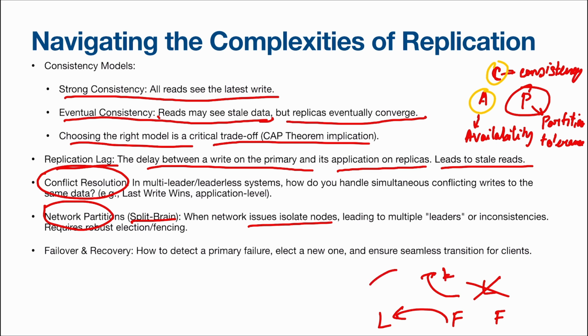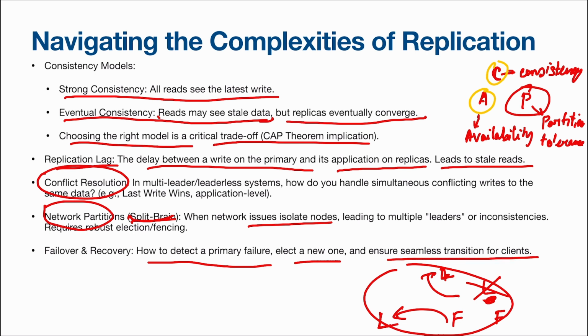So in that case, the whole system thinks there are two leaders, because this node thinks it's a leader, and this node never got the information that it got demoted from being a leader. It still thinks it's a leader. So there can be complicated issues because of that, and that's the split brain problem. And failover and recovery, of course: how to detect a primary node failure, elect a new one, and ensure seamless transition for clients.